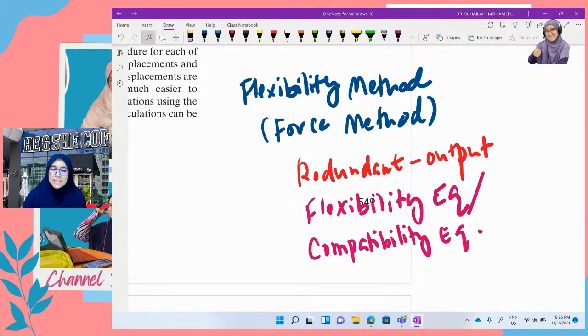It is also called the force method, because the redundant is the output and the redundant is a force. How do we determine the redundant? By solving the flexibility equation, which is also called the compatibility equation.